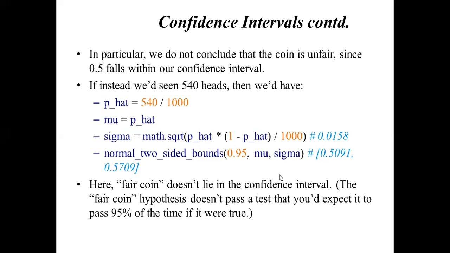If it doesn't lie within this range, the test is not passed, so the hypothesis does not pass a test that we expect it to pass at the 95% confidence level.